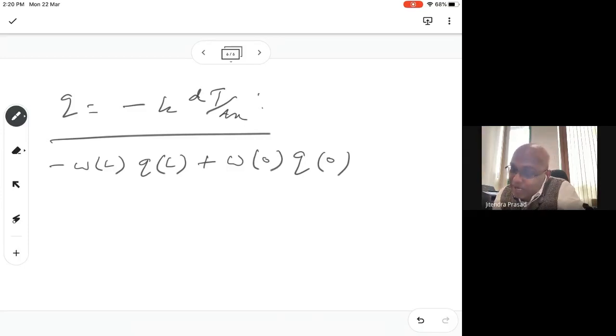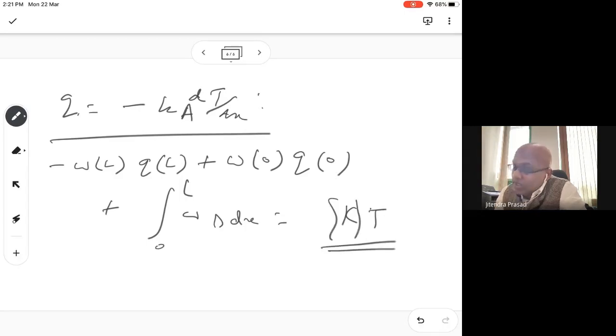When we are writing Q here, I'm referring to the heat gain per unit time only, so we multiply by area. Then plus, because of the source, W S dx, and here you will have K times T matrix.